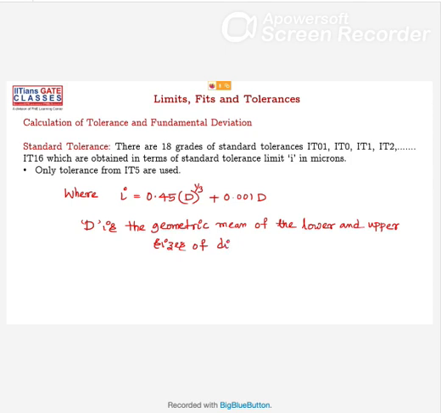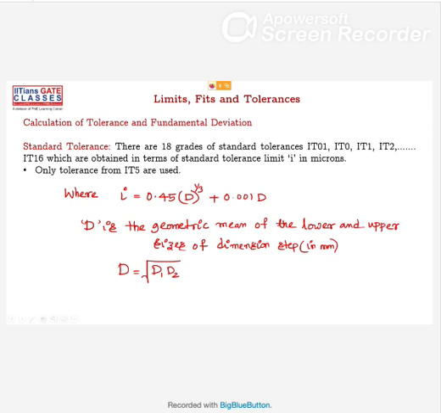They're going to mention these dimension steps, which will be given in mm. So dimensions d1 and d2 are already standards. It is a geometric mean: if d1 and d2 are given, then D is equal to the square root of d1 times d2.